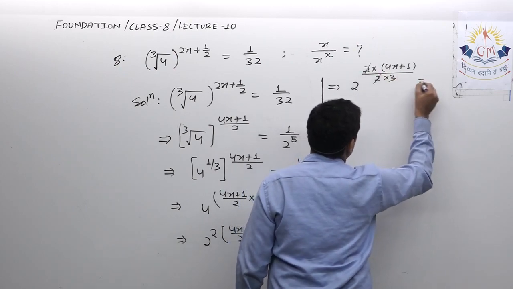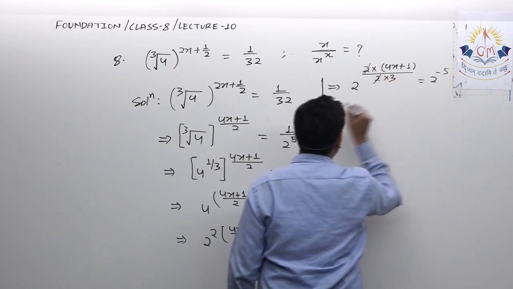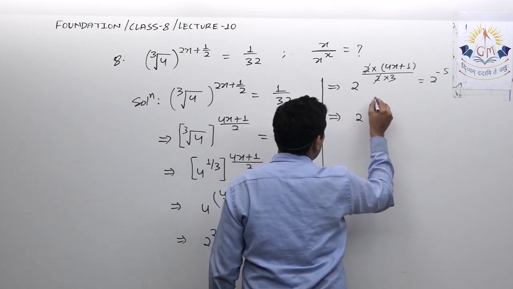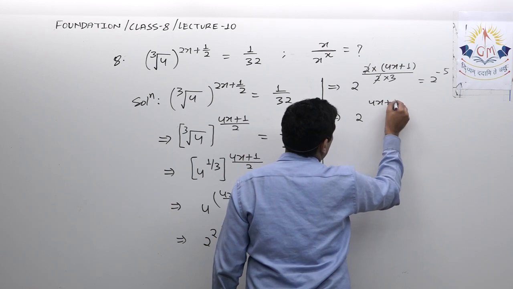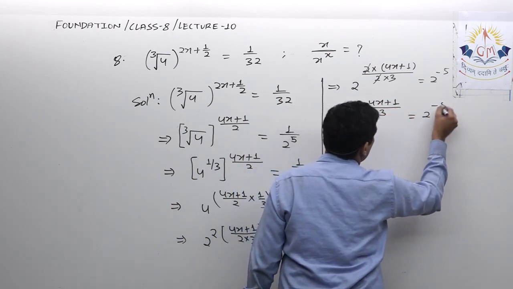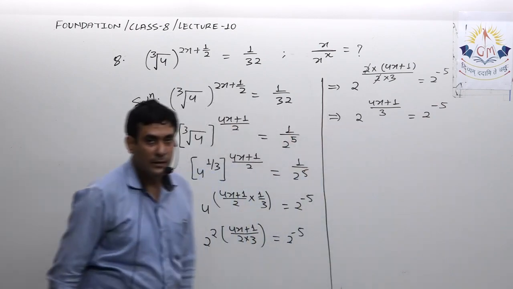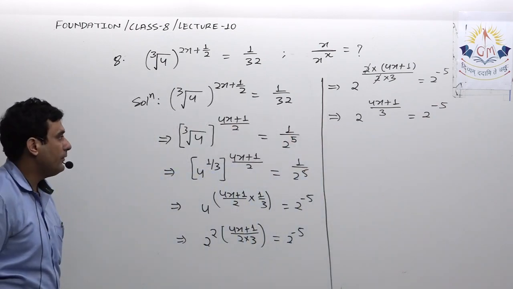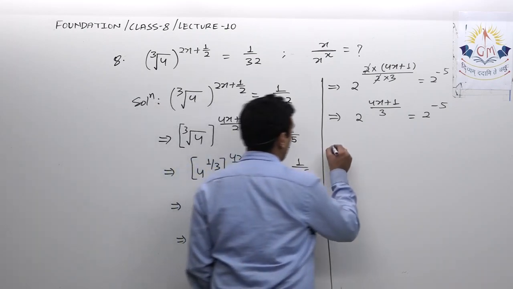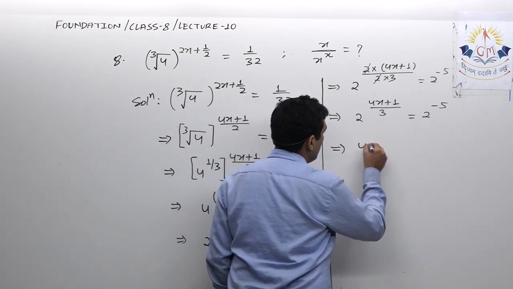This 2 and 2 will cancel out, 2 raised to minus 5. So ultimately I will get 2 raised to 4x plus 1 upon 3 is equal to 2 raised to minus 5.